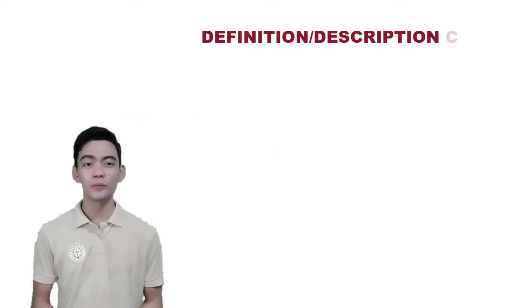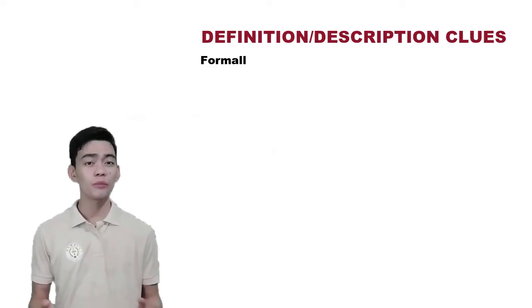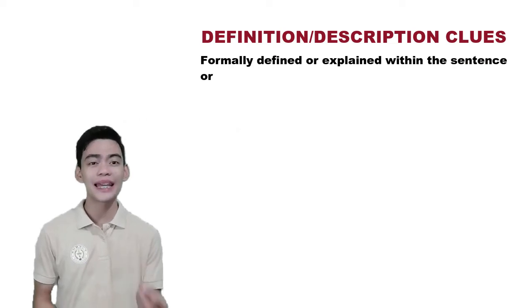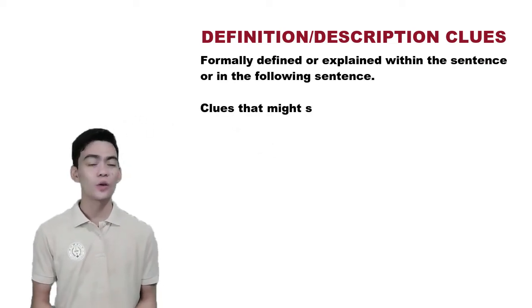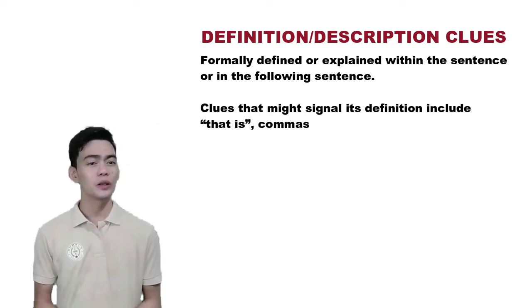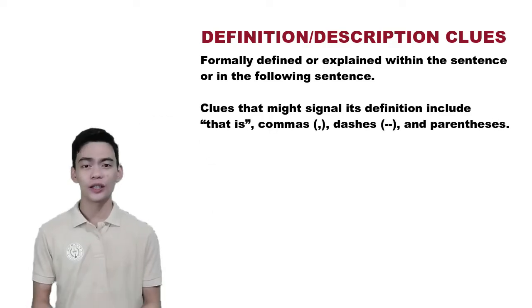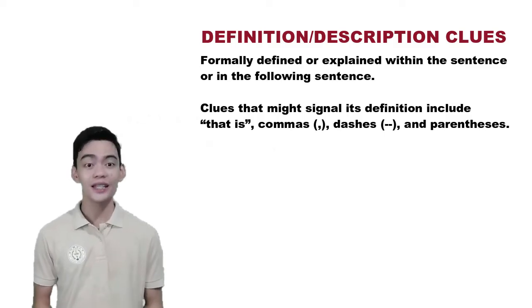Number 1, definition or description clues. It is formally defined or explained within the sentence or in the following sentence. Clues that might signal its definition include "that is," commas, dashes, and parentheses.